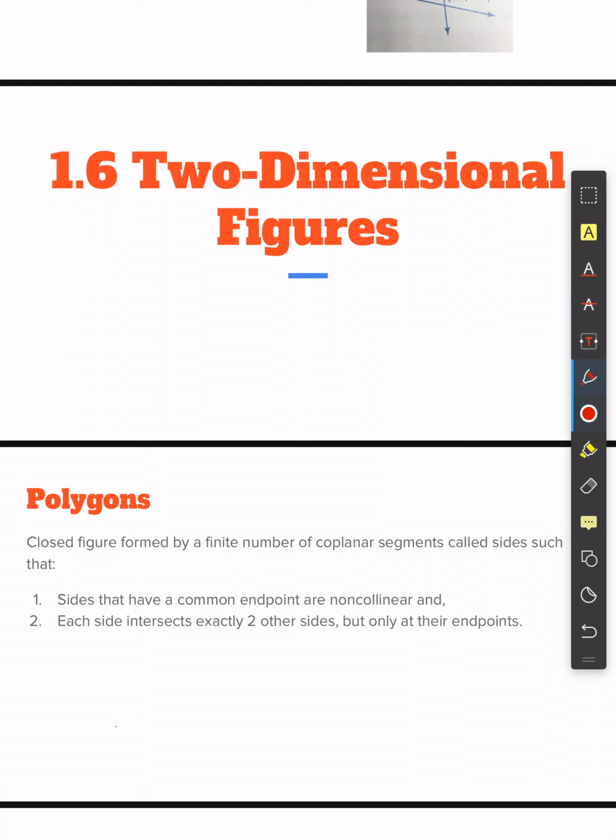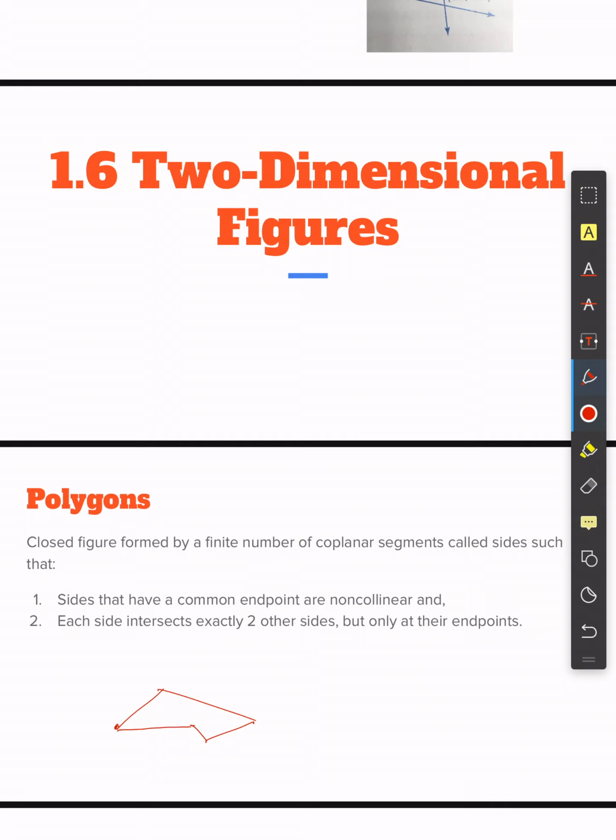Okay, so we could draw something that looks something like this, and then it goes this way. Oop, that looks too much like a curve. This way, and then maybe it goes this way, and then maybe like that. Okay, this would be considered a polygon, all right, because the sides that have common endpoints are all non-collinear.